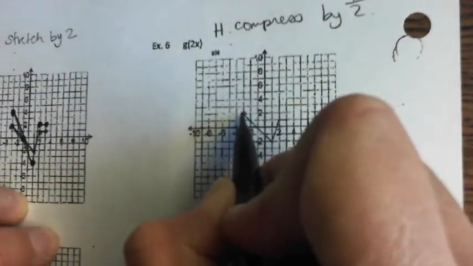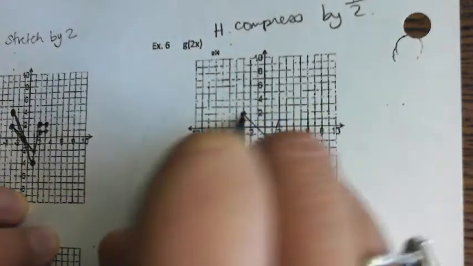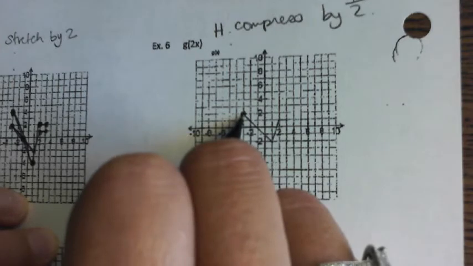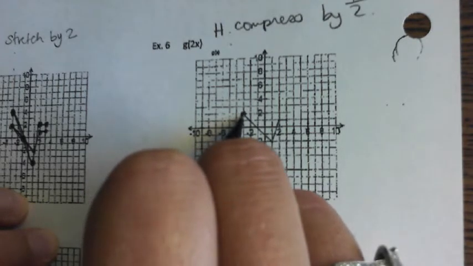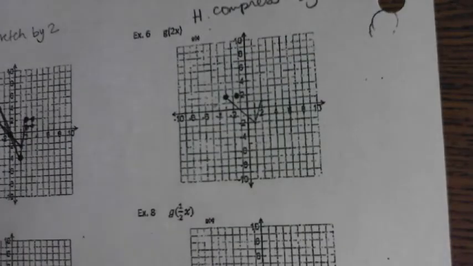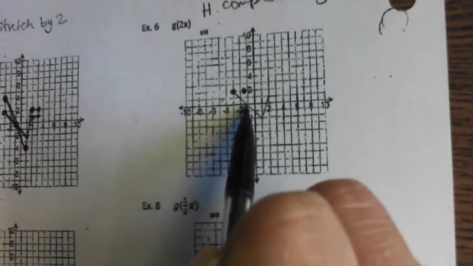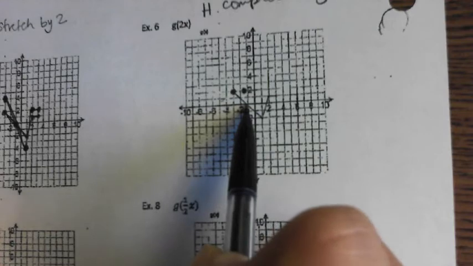So this particular one right now is 3 units away from the y-axis. If we're taking half of that, what's half of 3? 1.5. So this is going to get tricky because you kind of got to place it perfectly halfway there. Your x-intercept is 1 unit away from the y-axis as is.